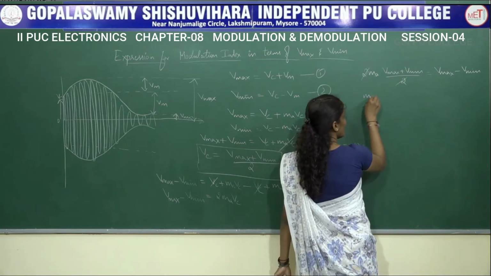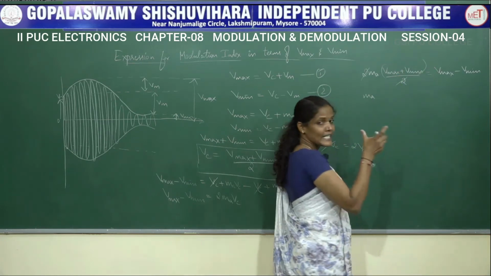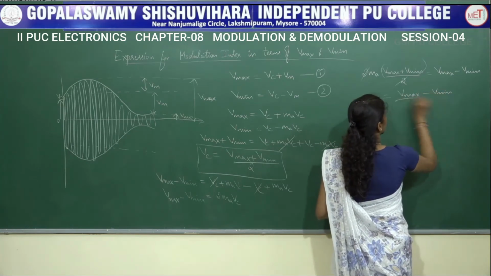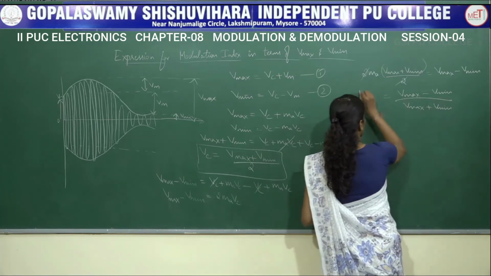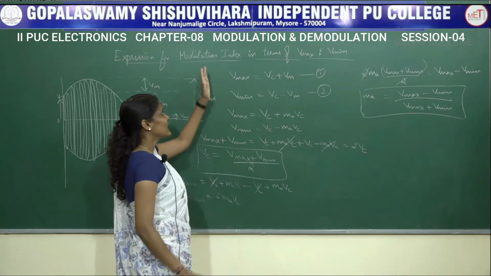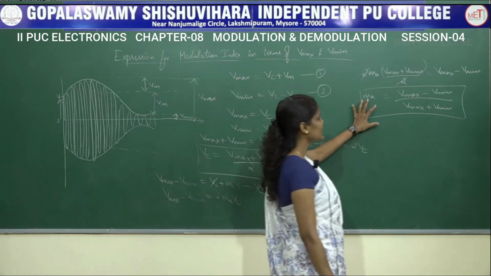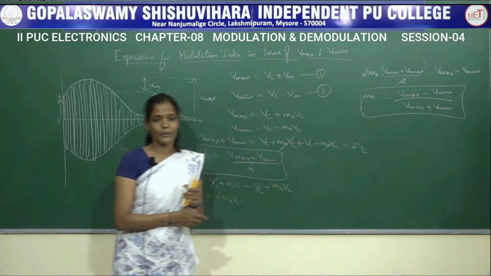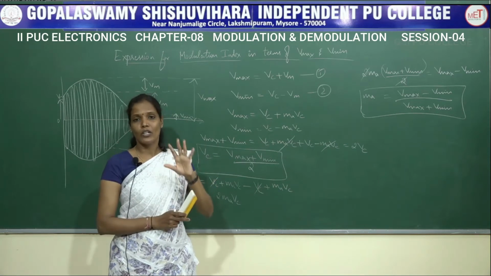So I will be left with MA into Vmax plus V minimum. I will be considering this as the entire term. So MA equals Vmax minus V minimum divided by Vmax plus V minimum. This is the final expression for the modulation index in terms of Vmax and V minimum. So even this derivation will be asked for your exams for 3 marks.